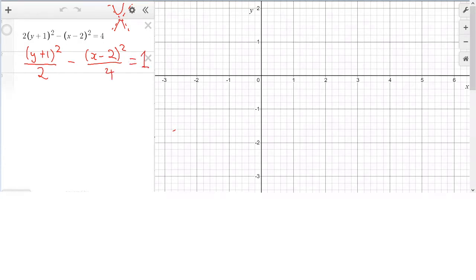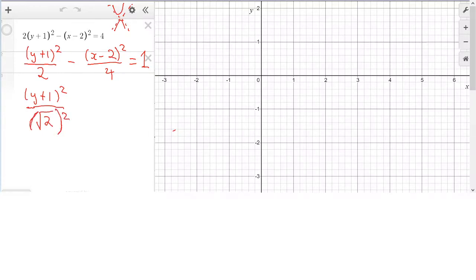Now, we also like the things on the bottom, so a and b, to be written as squares. If you want to do that, all you have to do is think, well, no whole number squared gives me 2, but the square root of 2, if I were to square that, I would certainly get 2.